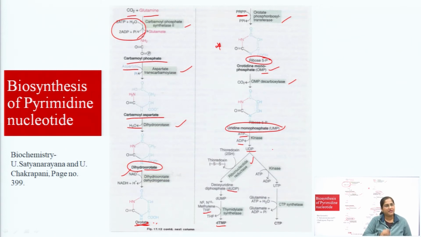Here in the pyrimidine nucleotide, we have N5 N10 methylene THF, that is tetrahydrofolate, and finally we have our dTMP. dTMP is thymidine monophosphate, that is, deoxythymidine monophosphate.